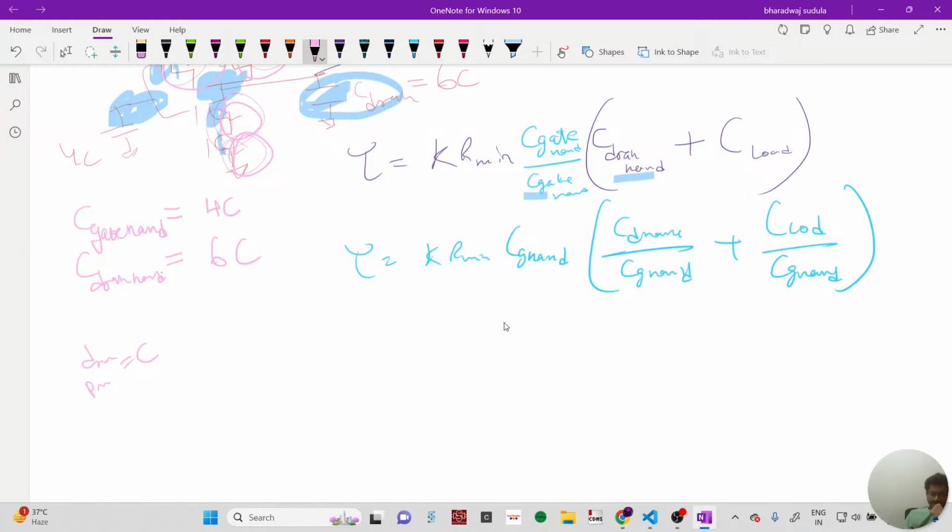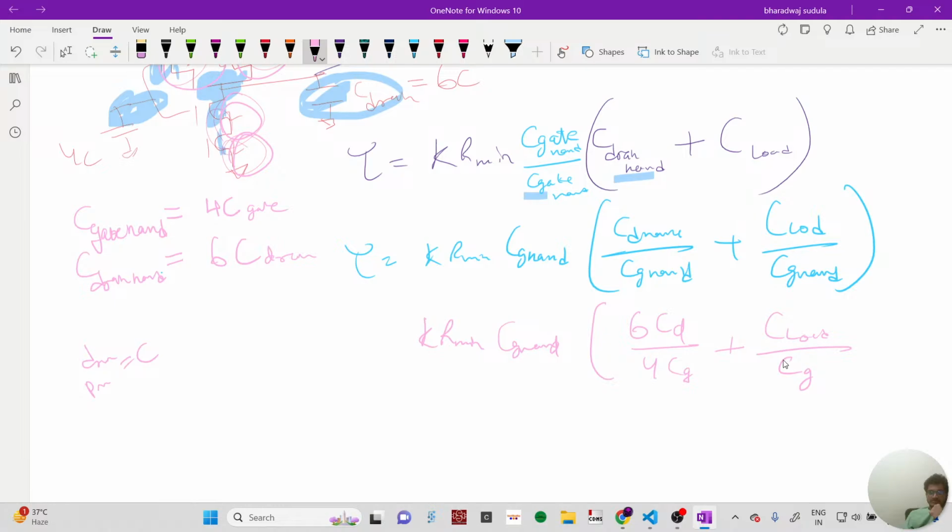Correct. So if I include those, K R min, C G NAND, and where is this? C D NAND is 6 C D. We can say drain cap, we can say gate cap. 4 C G plus C load.